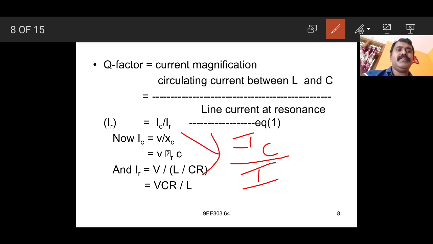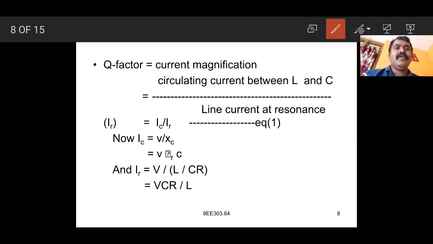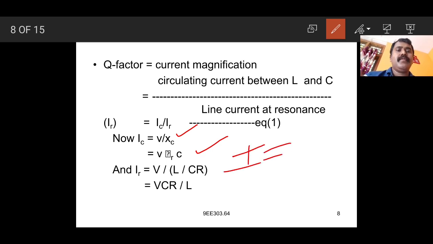So which is equal to IC, which we can express as V by XC. Again I is equal to V by XC, where XC we can consider as L by CR.